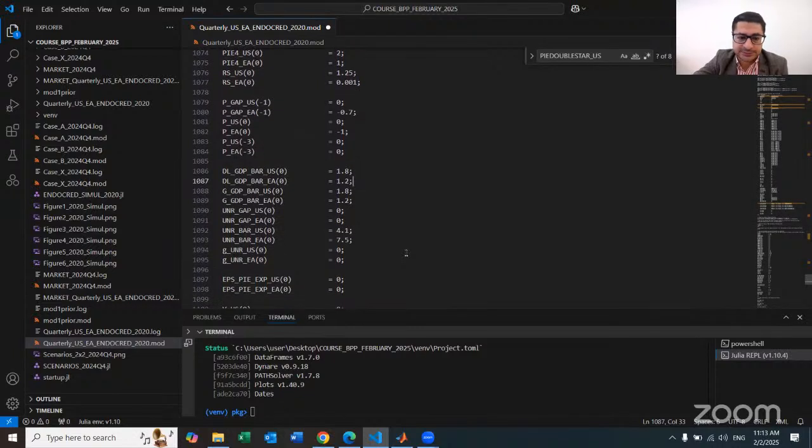Okay, and so for example, unemployment is not a state variable, but just for reporting we put some initial condition, and so we can then draw and plot the unemployment just for reporting purposes.